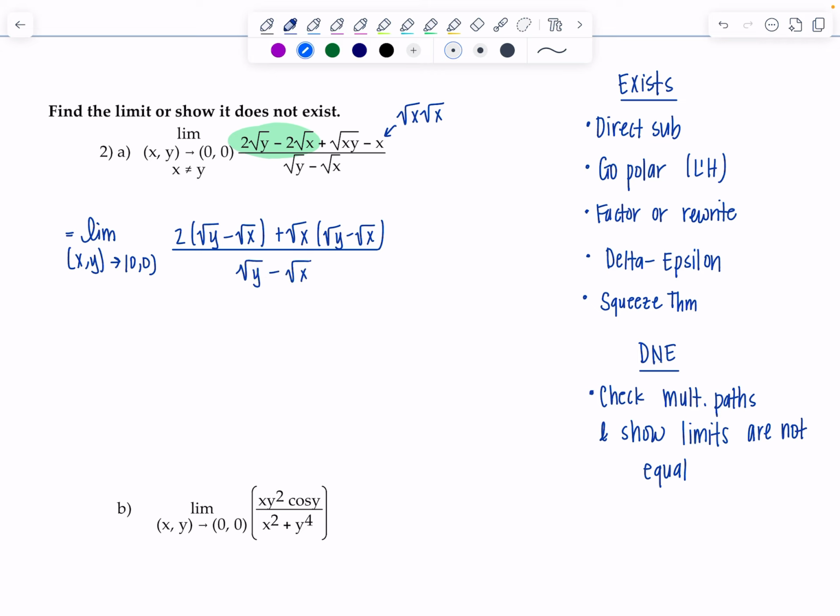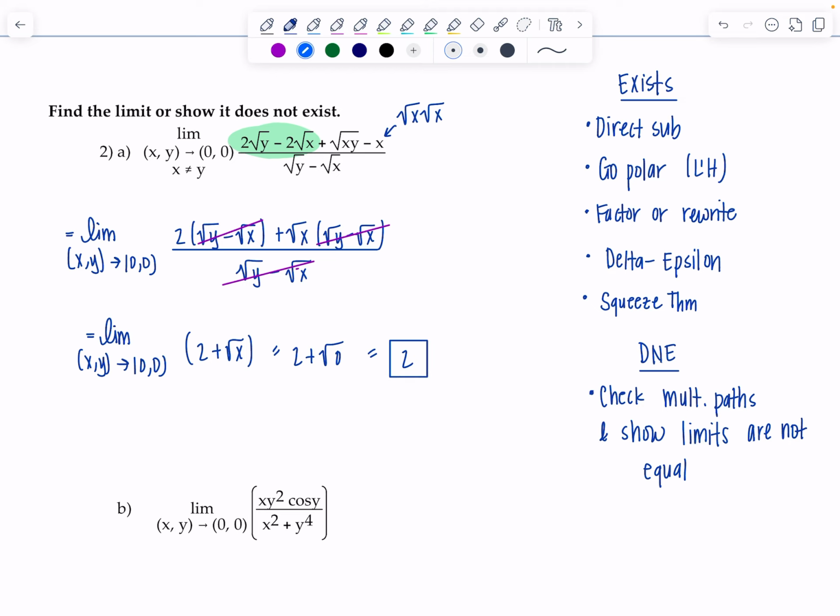So slick, right? Good. So root y minus root x cancels out. And then now I'm left with the limit as x, y approaches 0, 0 of 2 plus root x. That's it. And then now I can use direct substitution. That's 2 plus square root of 0, which is 2. Beautiful.